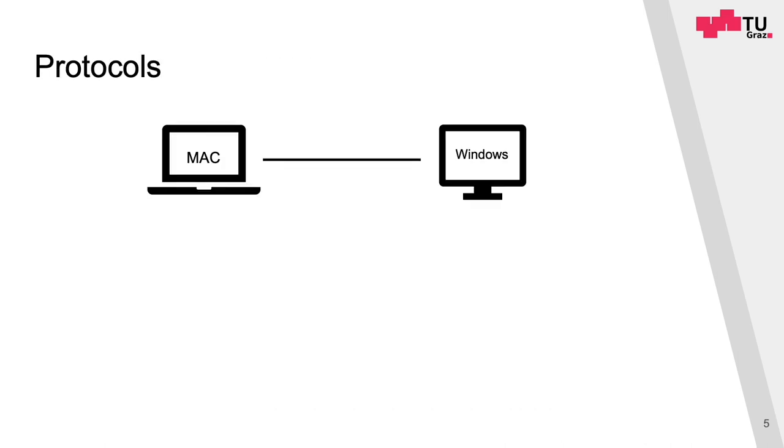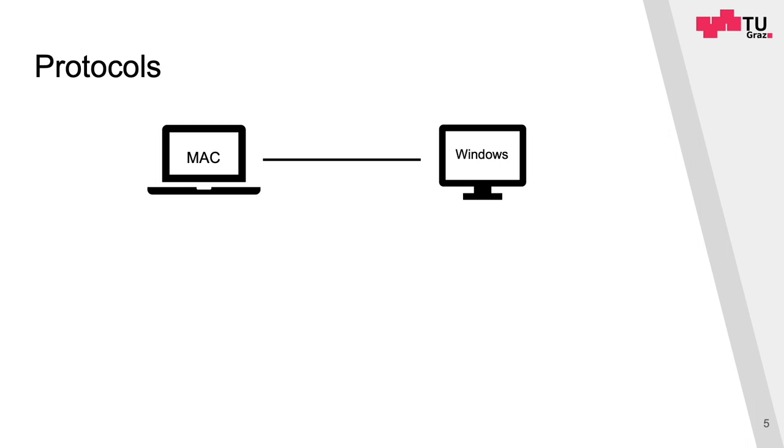So assuming again that you have already watched the video, let's pick up some of the contents of the video. Imagine that you have a MacBook on the left hand side and a Windows computer on the right hand side, and the goal is that both of these computers communicate with each other.